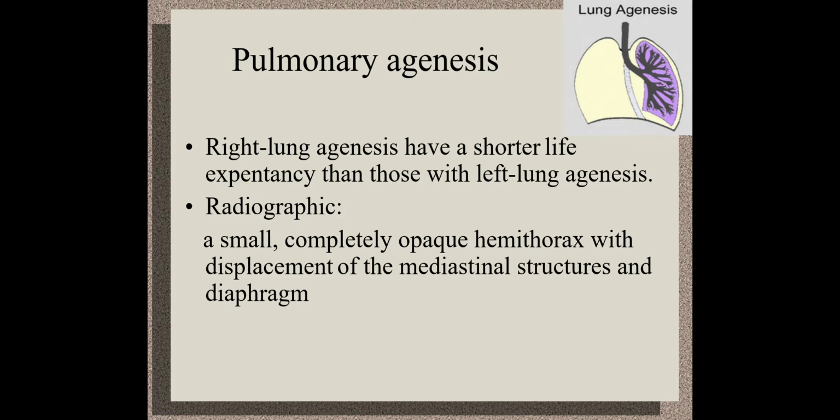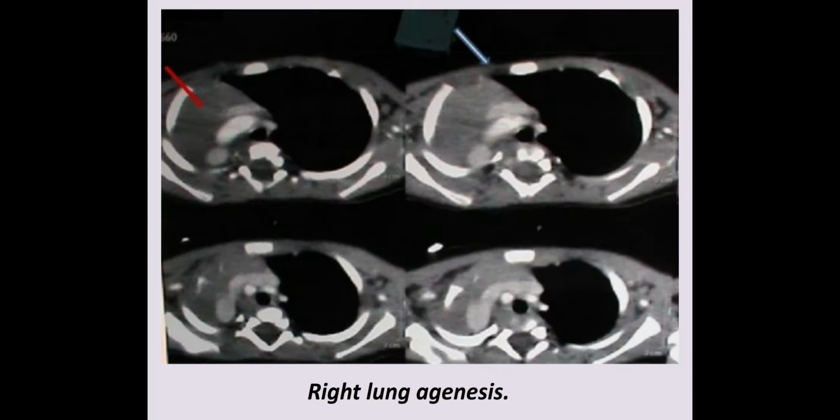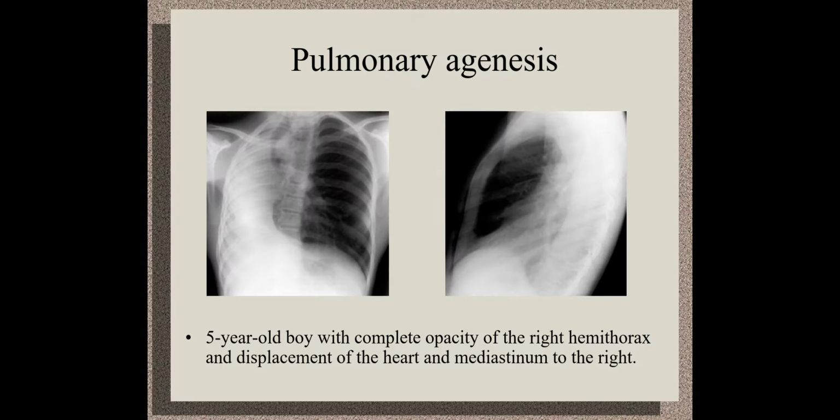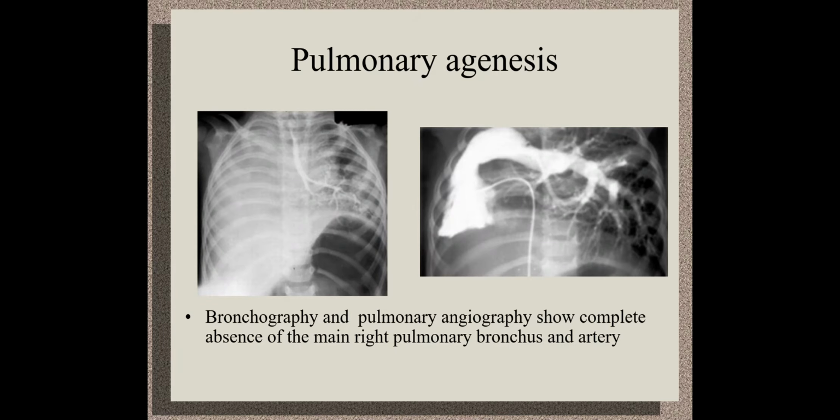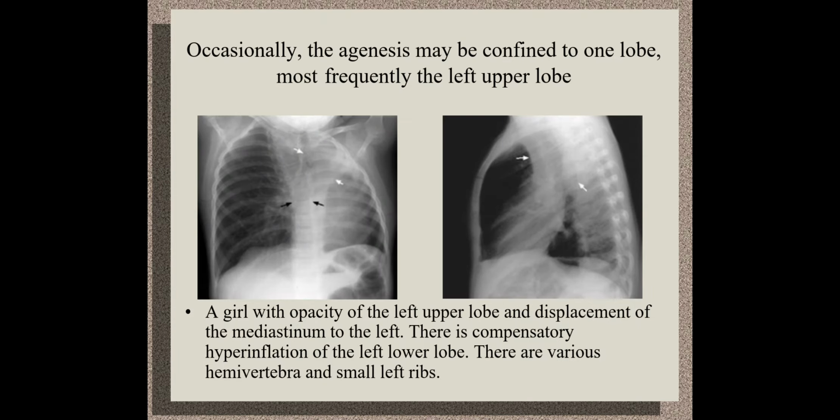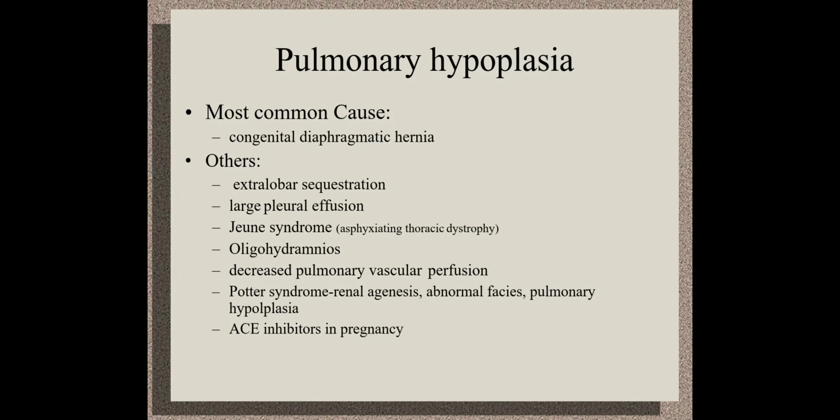Radiographically, chest X-ray shows a small, completely opaque hemithorax with displacement of the mediastinal structures and diaphragm. This is a right lung agenesis. Right lung agenesis again. Another case: agenesis may be confined to one lobe, most frequently the left upper lobe, as in this patient.